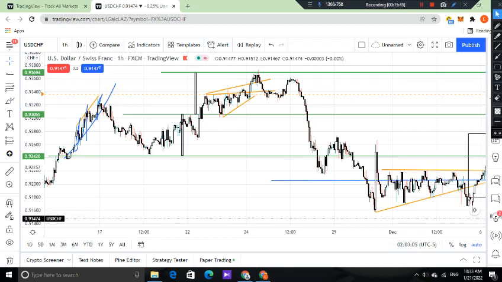So after the second leg, you expect to see some correction or pullback, because the bulls who bought at this price take profit and get out of their positions, and when they take profit, that's simple.